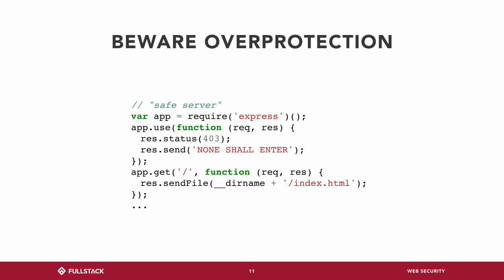One pretty common way to do this is with middleware. Here's an example of overprotection. If we put this middleware in here, this wouldn't make a whole lot of sense, because everyone that went to use your site would be getting a 403 error.